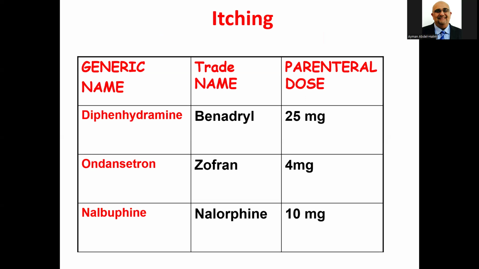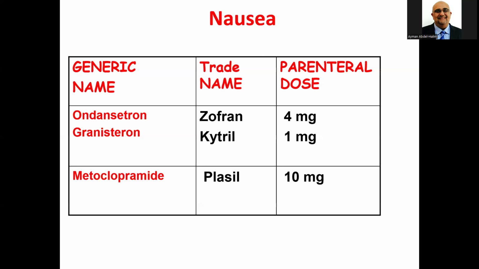Antihistaminics would be good for somebody receiving IV morphine, because IV morphine can release histamine peripherally, and thus giving diphenhydramine, for example, is a good idea, right? But for the neuraxial itching, it's better to use either ondansetron or nalbuphine. I hope this is clear.